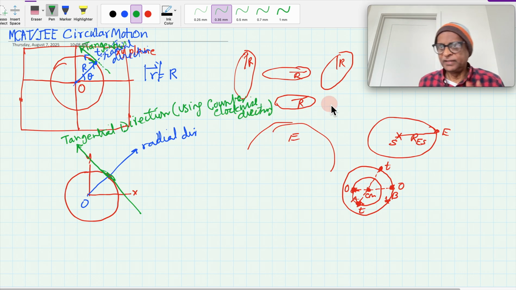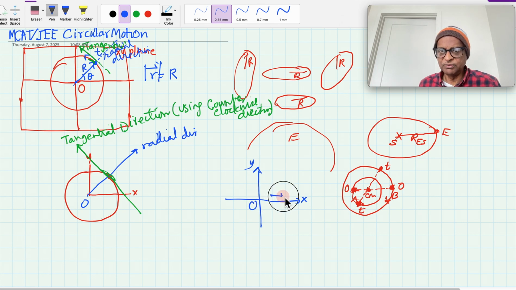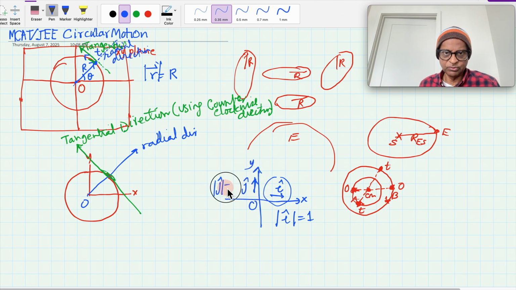Analytically, the direction is given by a unit vector. If you remember, the positive x direction is given by i hat. This is a special type of vector whose magnitude is 1 and direction is the positive x-axis. There is similarly a vector j hat, whose magnitude is 1 and which points to the positive y-axis.